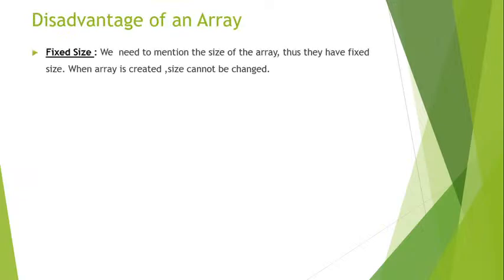After that, here we have a lot of drawbacks, like a fixed size. Consider this is the array a, and here I am defining 10, 20 and 30. So this is index 0, this is 1 and this is 2.